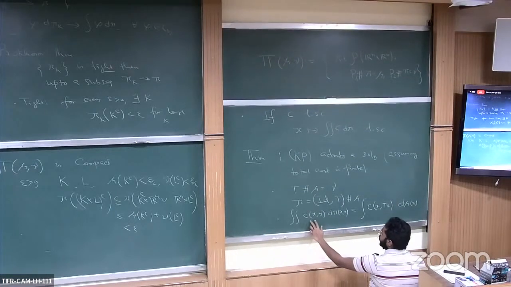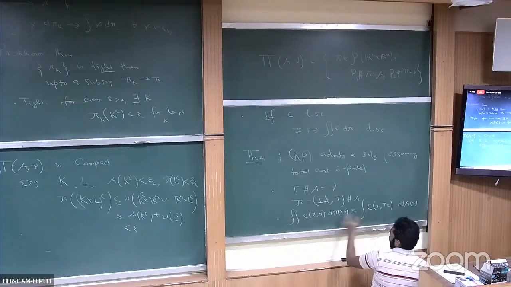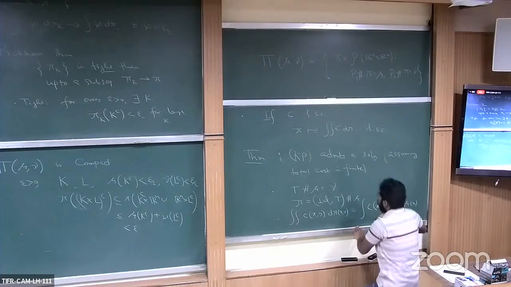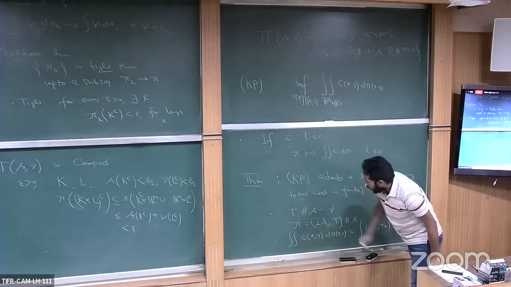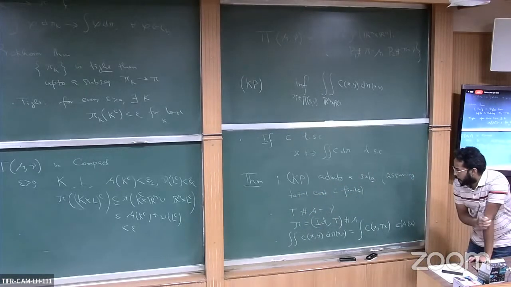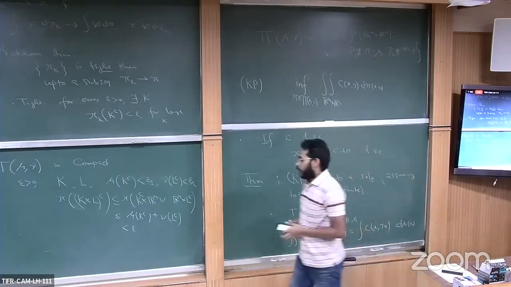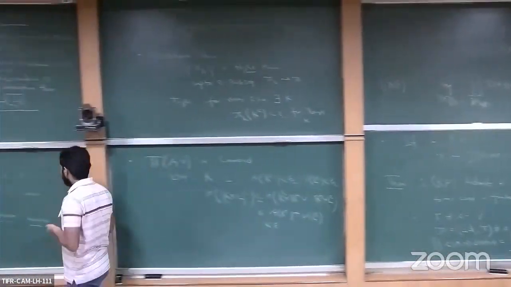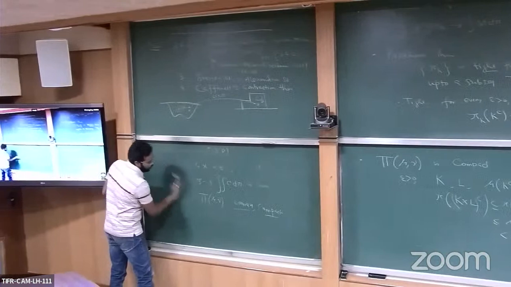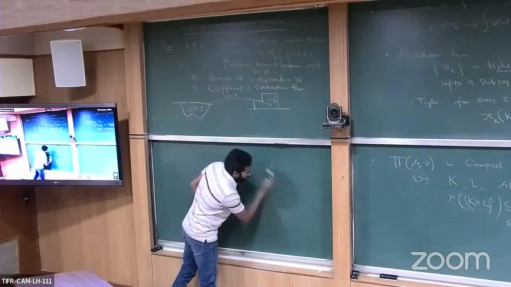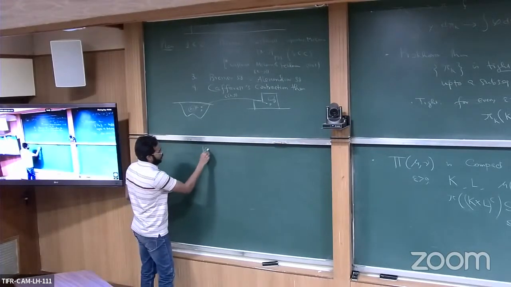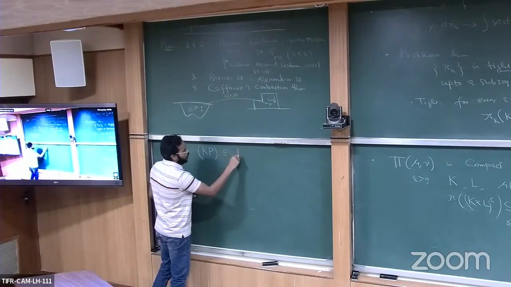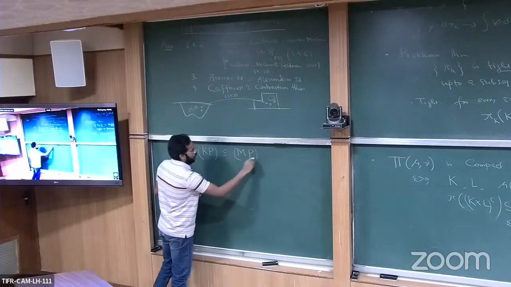So basically, the Kantorovich total cost is equal to the Monge total cost for this part. So given a map T, we can construct a plan pi, and the cost is equal. And we are minimizing. So the Kantorovich problem Kp is always less than or equal to the original Monge problem.